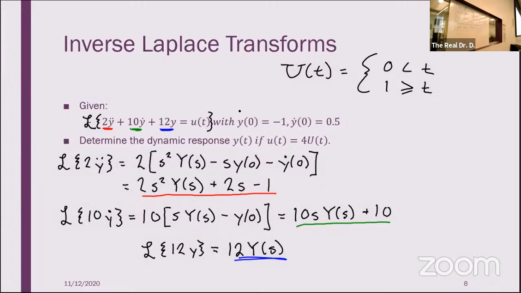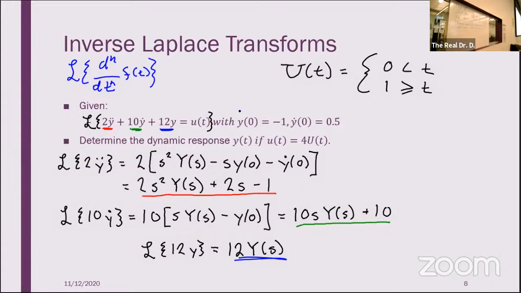If you look at the master sheets, let me pull up mine. On page 4 of the master sheets, I don't know, under Laplace transforms, the second one is differentiation, right? And differentiation gives us this, L of d to the n dt n times f of t. Well, f of t for us was just y.